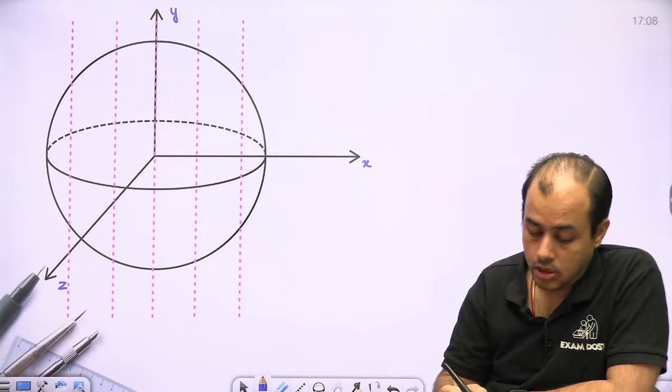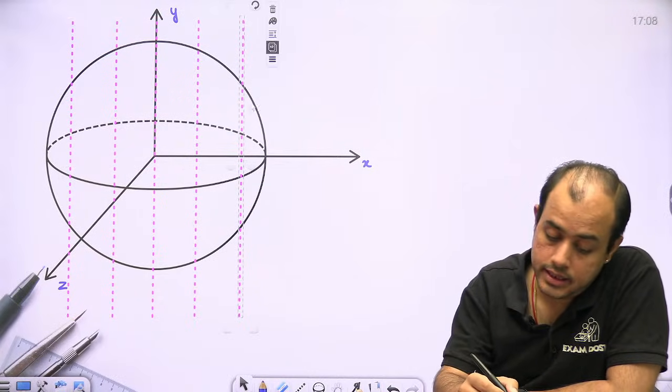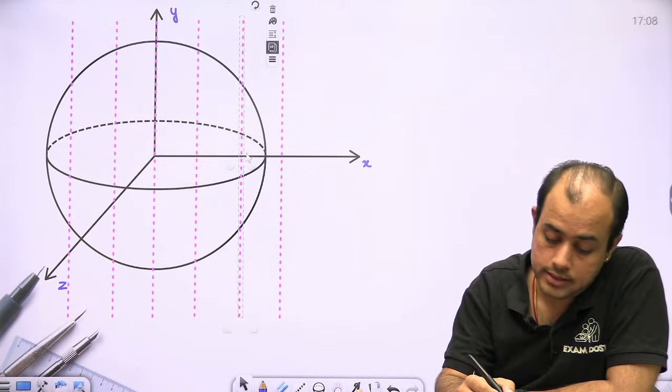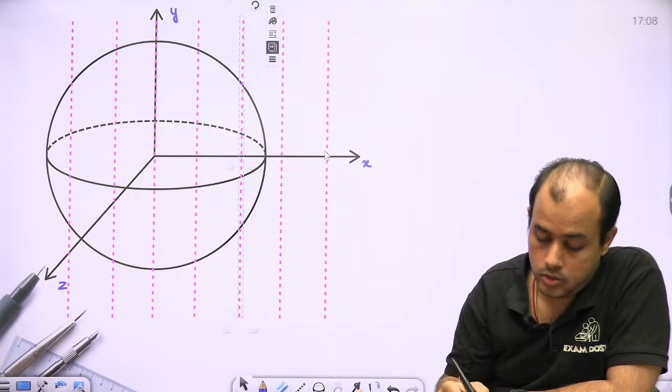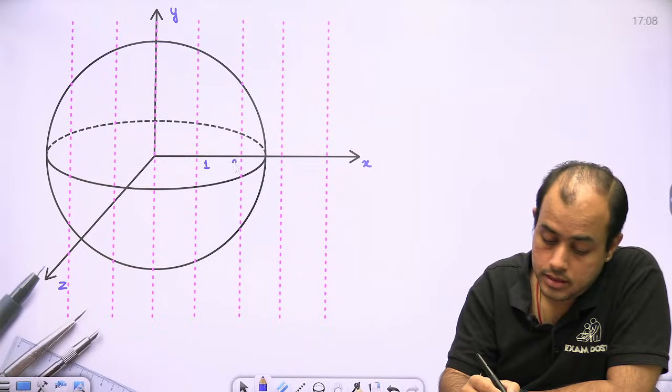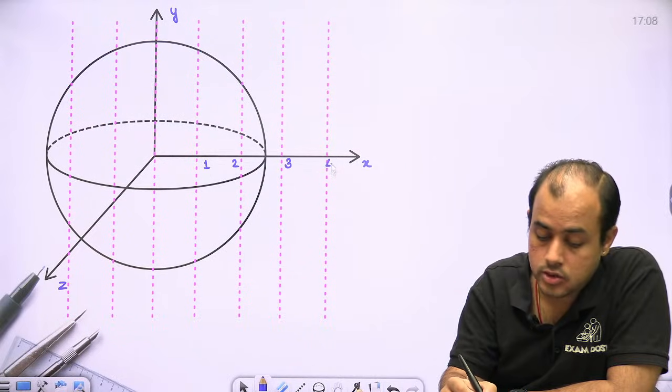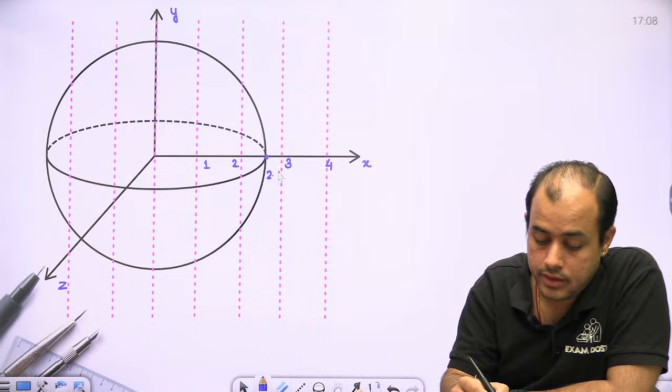Okay. Now the other charge that will be there will lie outside. So it does not contribute to the charge enclosed. 1, 2, 3. Because the radius of the sphere is 2.5.